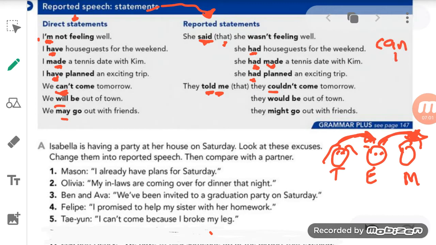Can, could. Now when it's will, we will be out of town. When you transfer the message, they said they would be out of town. For can, the past is could. And then for will, the past is would.